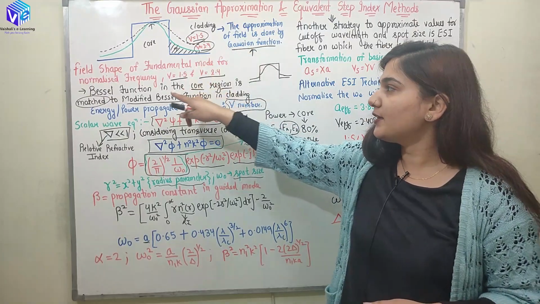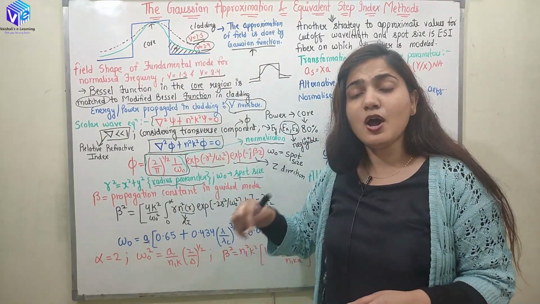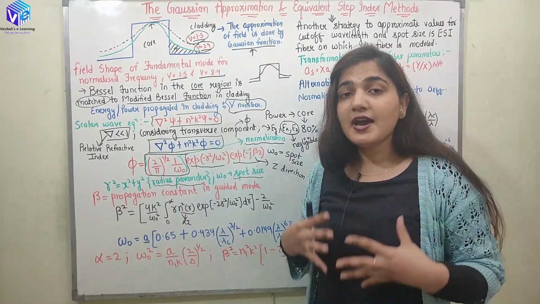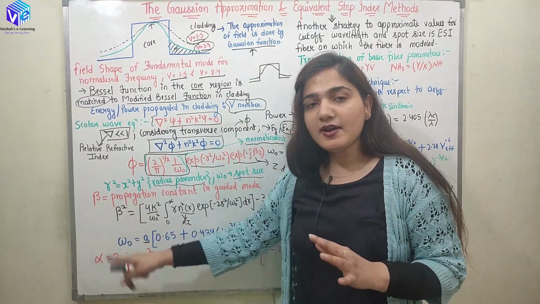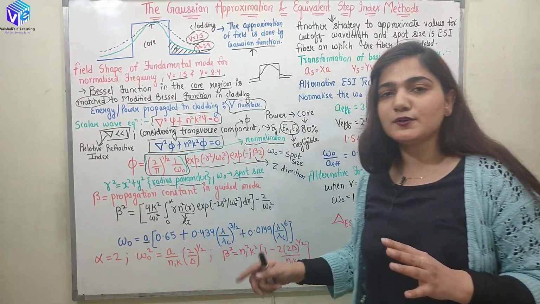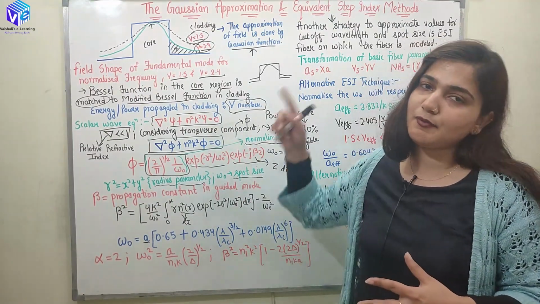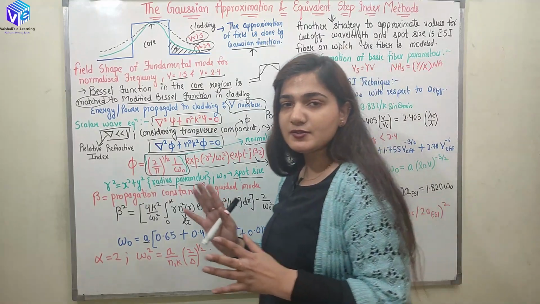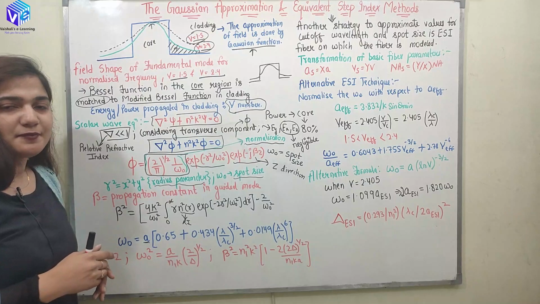I have considered only the fundamental mode in the first scenario, and in the second scenario I have considered the multi-mode scenario as well, and I have not considered any loss. And now when I have considered alpha is equal to 2, the profile parameter was 2, I can approximate with the help of the Gaussian approximation what would be my beta and what would be my spot size. So I hope you understood the Gaussian approximation.